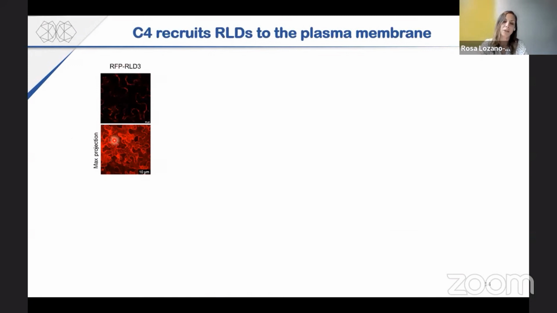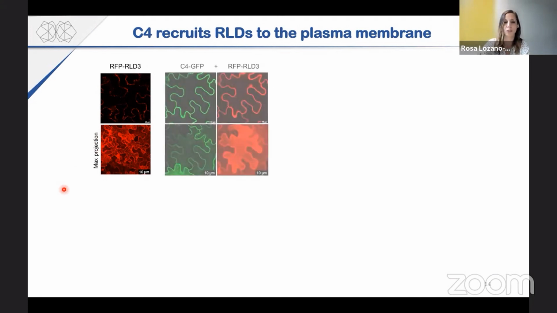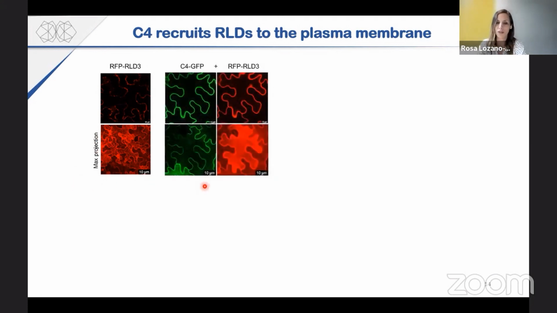In Nicotiana benthamiana, the RLD proteins also show a similar localization to that described in Arabidopsis, so they are present in intracellular structures, but this localization drastically changes if we co-express C4. Because C4, just as LAZY does, is capable of recruiting the RLDs to the plasma membrane through protein-protein interaction.